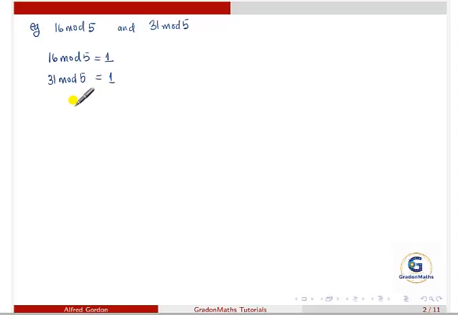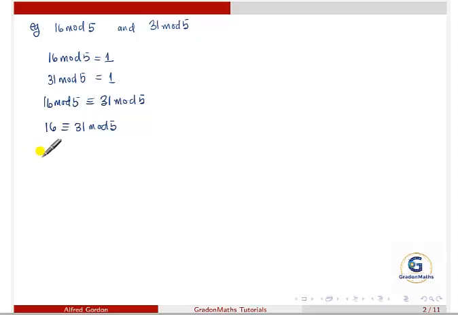So the remainder we are getting for 16 mod 5 is equivalent to the result we are getting for 31 mod 5, which can be written as 16 is equivalent to 31 mod 5. This expression tells us about two moduli that are equivalent.